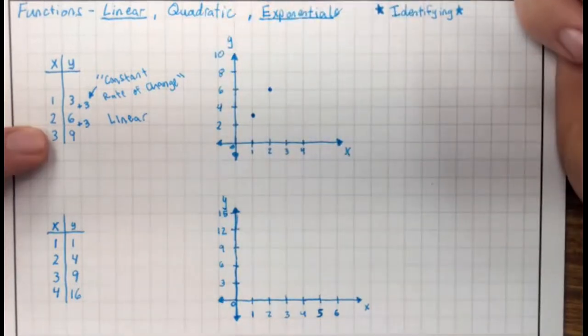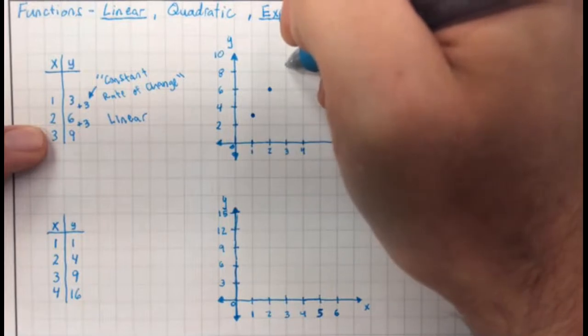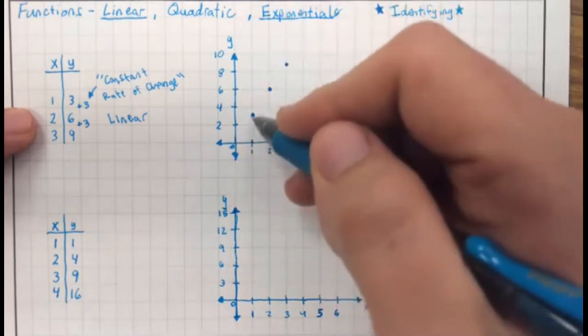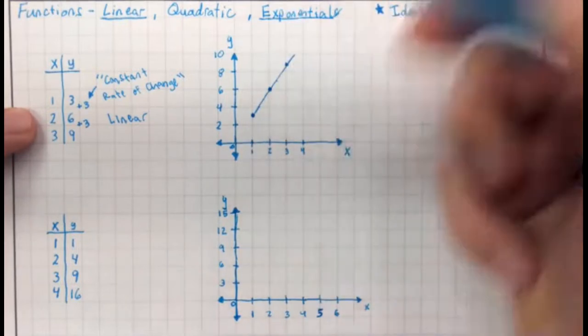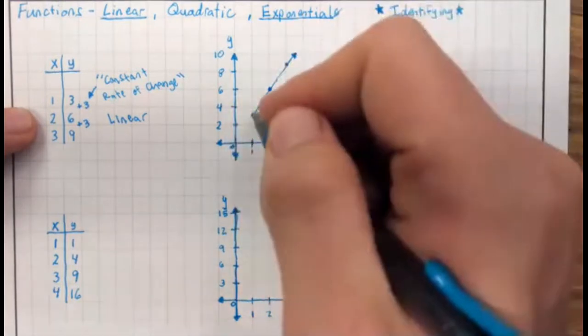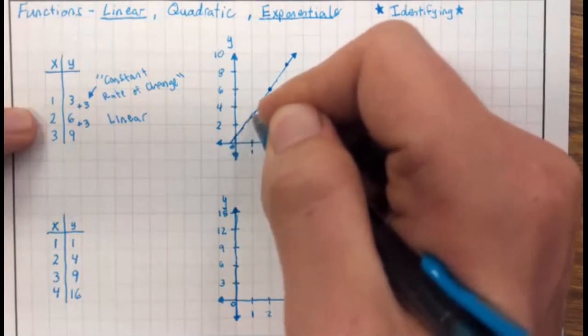And then 3 and 9, over 3, up 9. Whenever you plot your points and connect them, you should see a pattern forming. It is forming a straight line, and that's another good indicator that the function you're working with is linear. So a couple different strategies to use there.